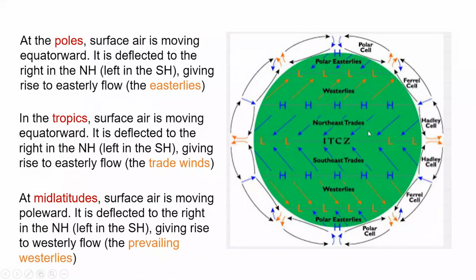They are called trade winds here. Similarly, in the southern hemisphere, because of the Coriolis force, these trade winds flow in the southeast direction. So they are called southeast trades. These are called the trade winds.